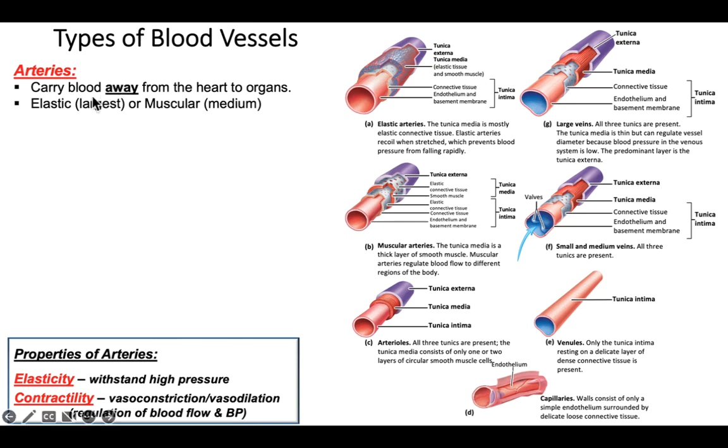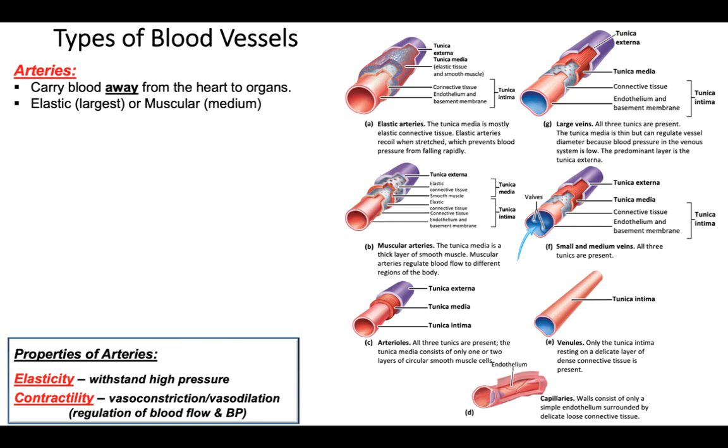As we move away from the aorta, the blood vessels are known more as muscular arteries because they have a significant amount of muscle in order to distribute more or less blood to the destination. So for example, if you're exercising, you need the arteries going to your arms and legs to dilate so you can send more blood to those muscles.